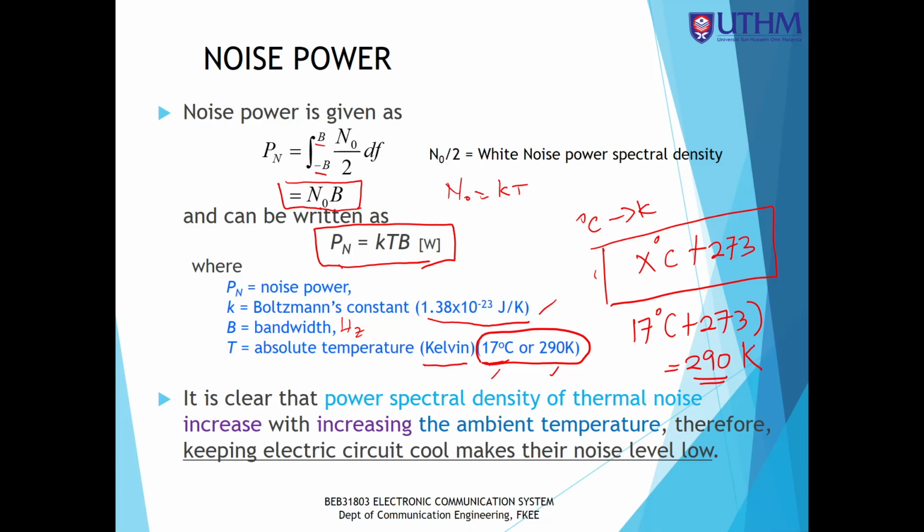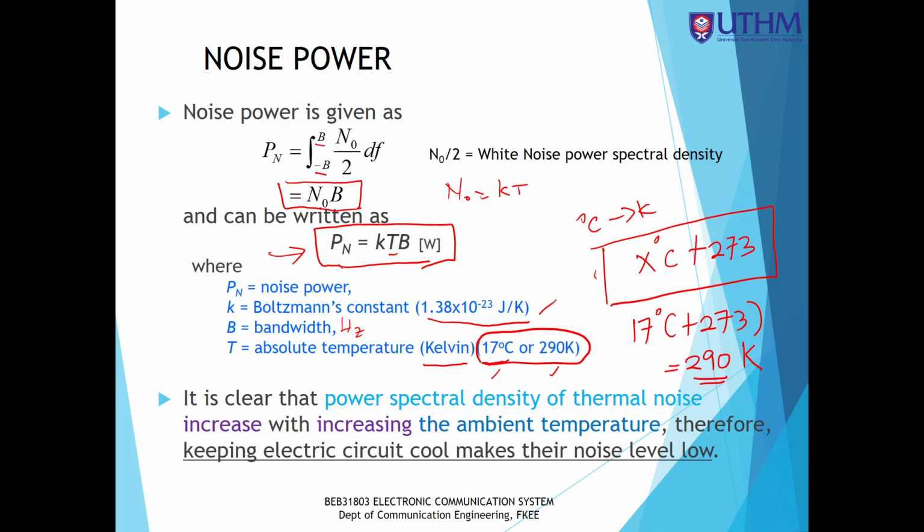So it is clear that the power spectral density of the thermal noise increases with the increase of ambient temperature. Therefore, keeping the electric circuit cool makes the noise level low. So you see that from this KTB, the noise power is proportional to the noise temperature and also the bandwidth.